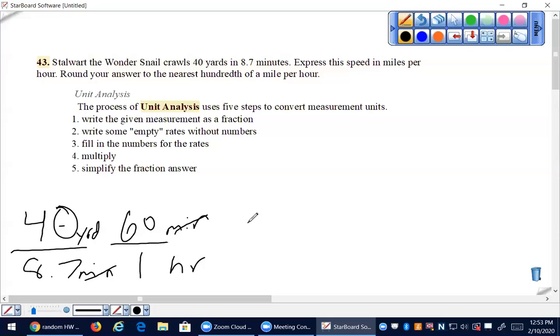And then you multiply, you make the new fraction. Wait, there's 2 new ones, right? You have a yard on top to start with.